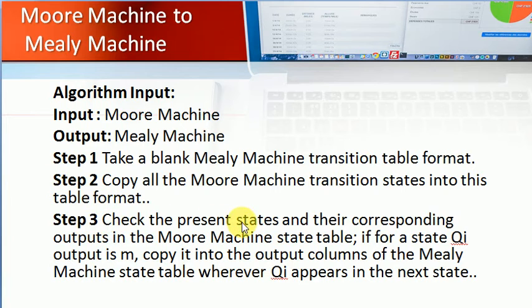Step 3: check the present state and its corresponding output in the Moore machine state table. If the state Qi's output is m, copy it into the output column of the Mealy machine state table wherever Qi appears in the next state. Do not worry, we will get a better look in the example.